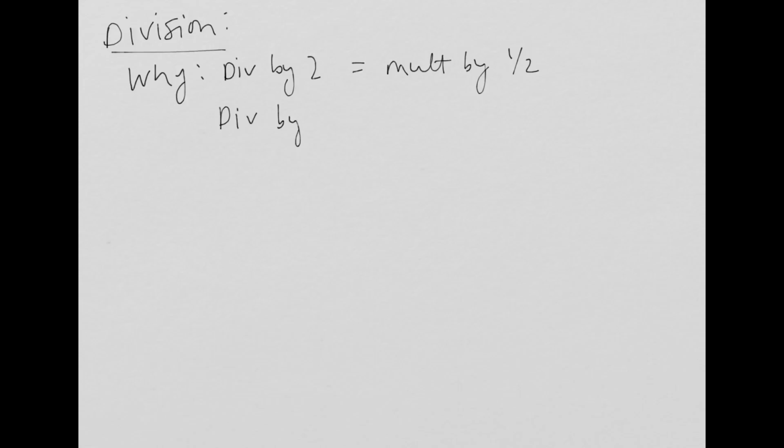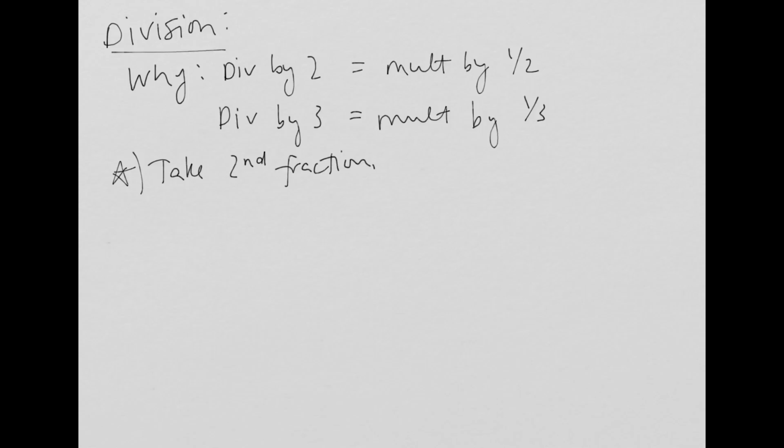So what about division by, let's say, 3? What do you think that's going to be? So if I say take the amount of money you have divided by 3, that's the same as multiplying all the money you have by 1/3. So how do we divide fractions? What you're going to do is you're going to take the second fraction, you're going to flip it, and then multiply.